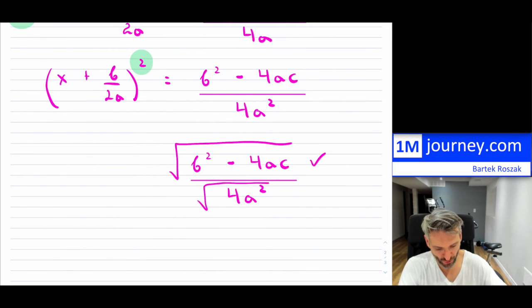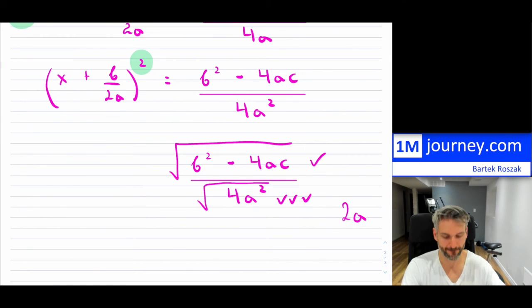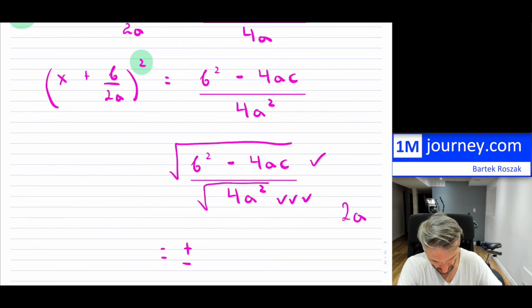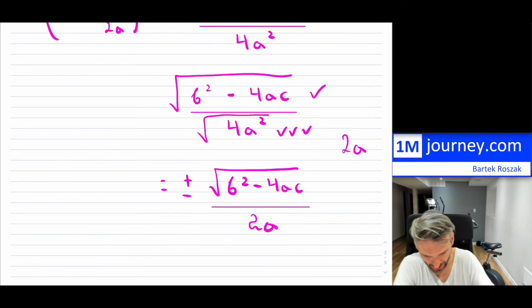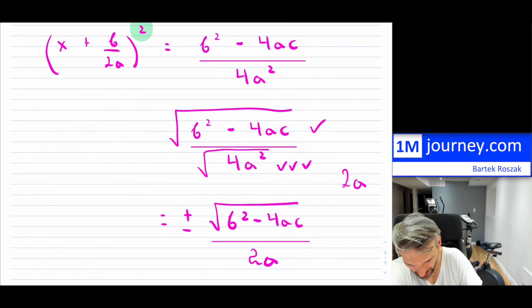The top will remain the same, but the square root of 4a squared is just 2a, right? And let's not forget, because we're taking the square root, it's going to be plus minus. So this is what we have: the square root of b squared minus 4ac divided by 2a. And then on the left-hand side, I have now this.